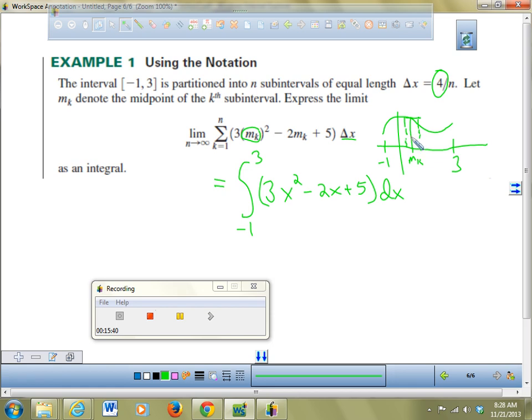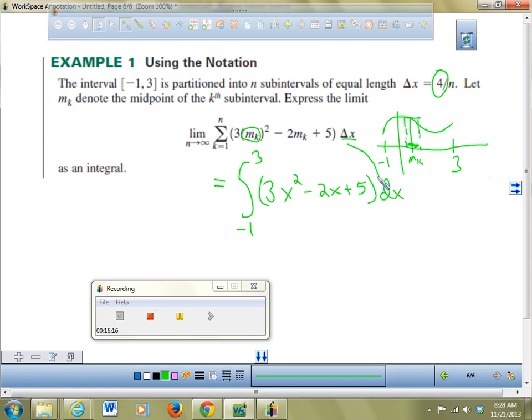But it doesn't matter whether you're doing midpoints or left endpoints or right endpoints, because when you take the integral, you're taking the limit as this distance from here to here goes to 0, right? So the left endpoint and the midpoint are going to end up being the same. So when you take the integral, it doesn't matter whether you do midpoint, left endpoint, or right endpoint rectangles.